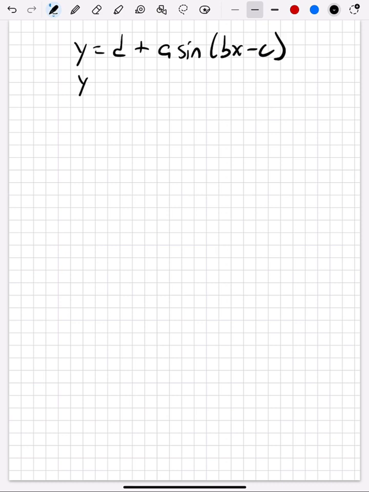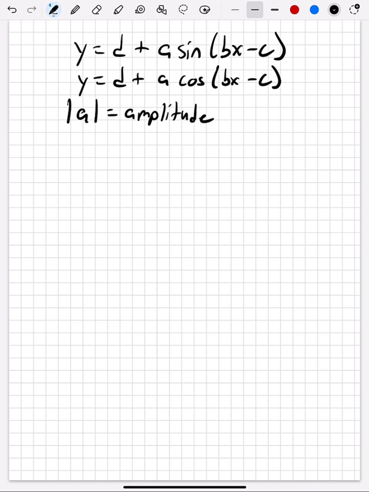The same is said for cosine, so it's written the same way: d plus a cosine of bx minus c. So let's talk about what these values mean. Let's start with a. A, or the absolute value of a, technically, is the amplitude.